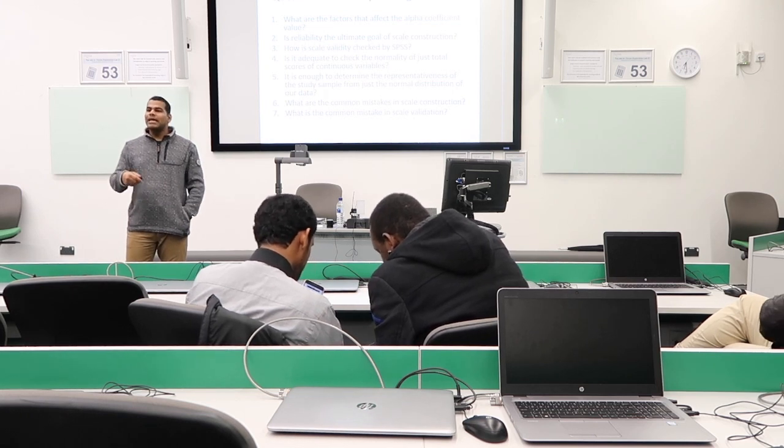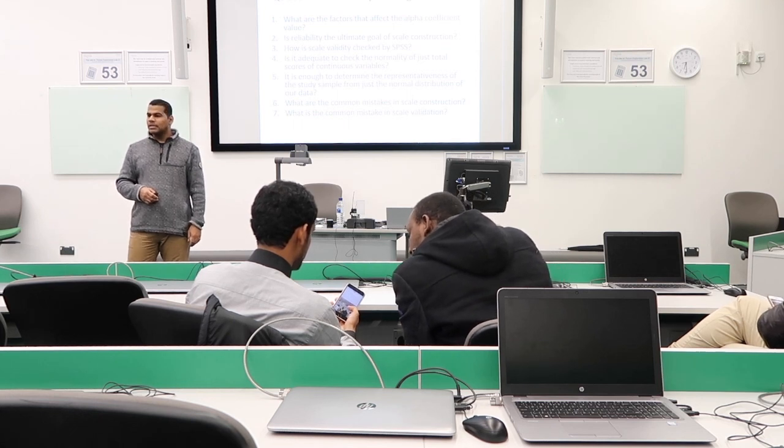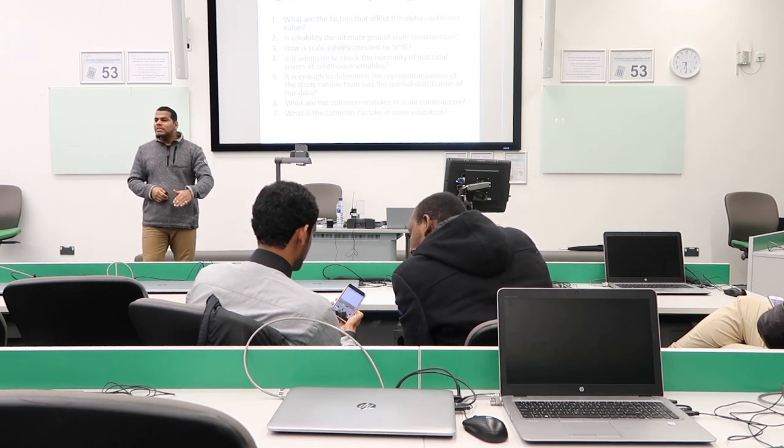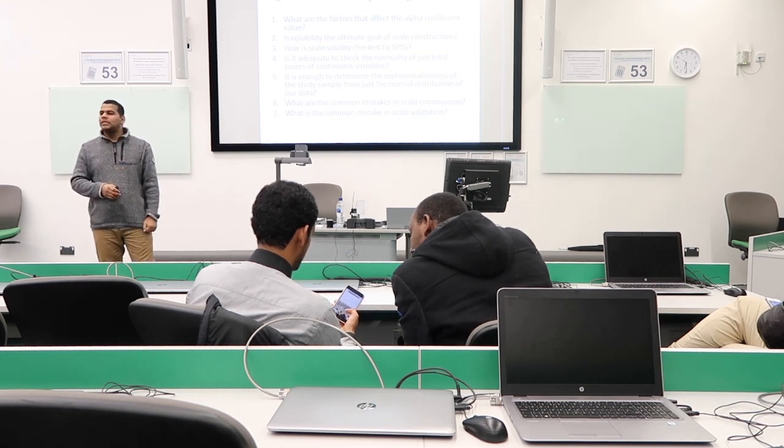The more items you have in the scale, it's more likely the reliability will be higher. The same thing happens with alpha. If you have fewer items in the scale, most commonly you will get less reliability. So the number of items affects the strength. Get it? That's why some researchers don't consider high reliability a goal in itself.